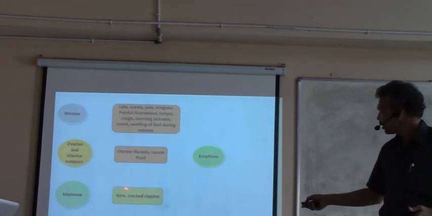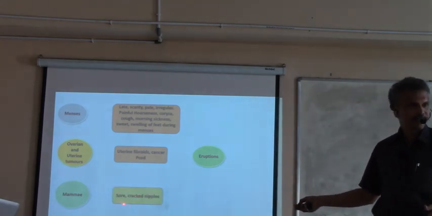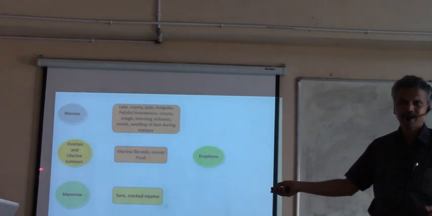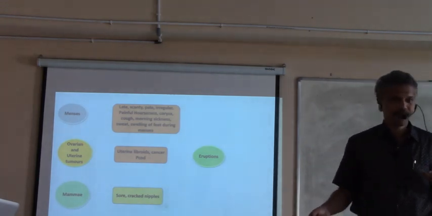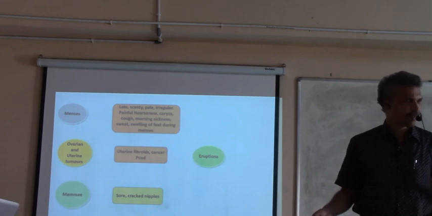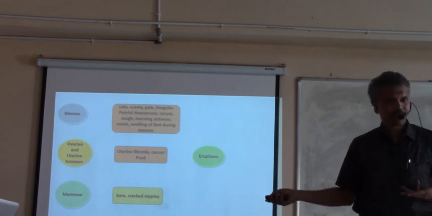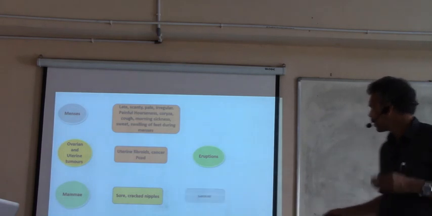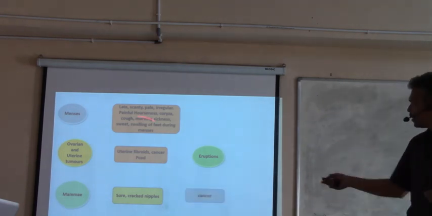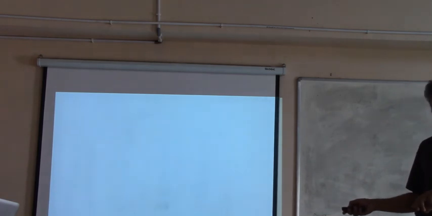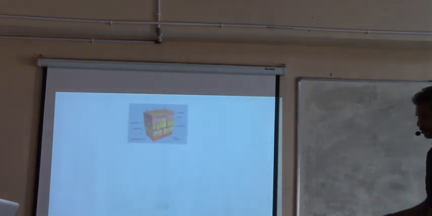Mammae, you can see sore cracked nipples, practically many cases, especially in nursing women, you know, mother will have a lot of pain feeding the child. Graphites can be a beautiful remedy. Okay? Cancer of mammae is also a possibility. So these are few things that you can expect under female.